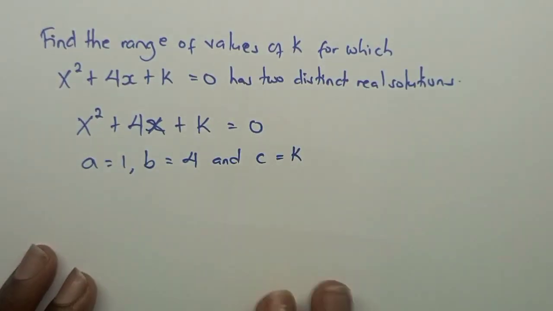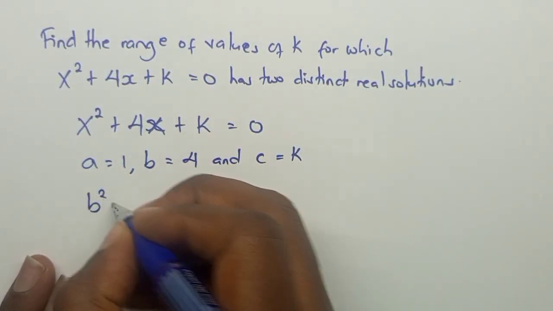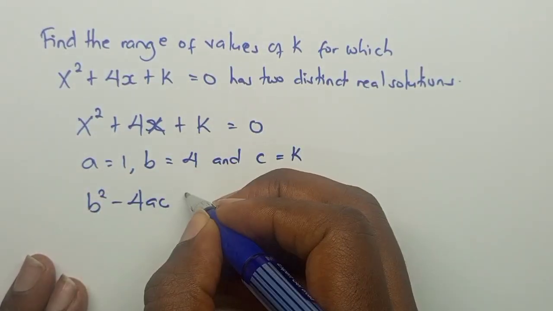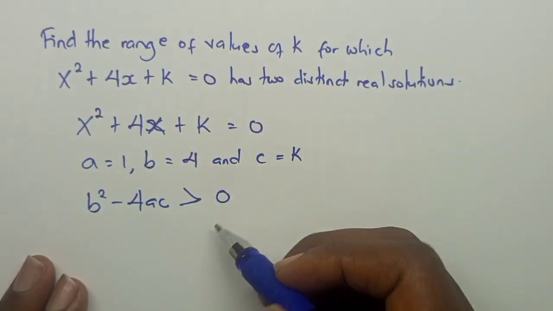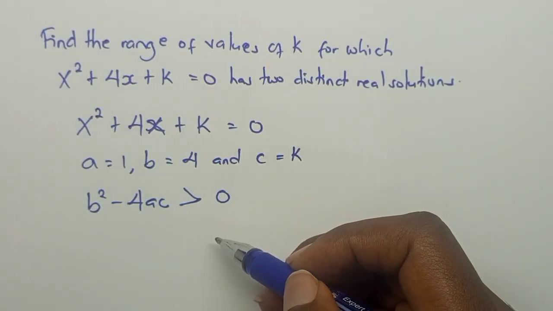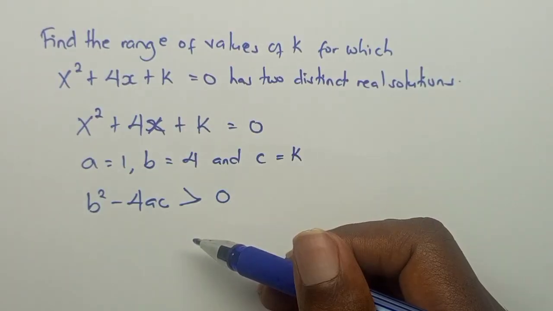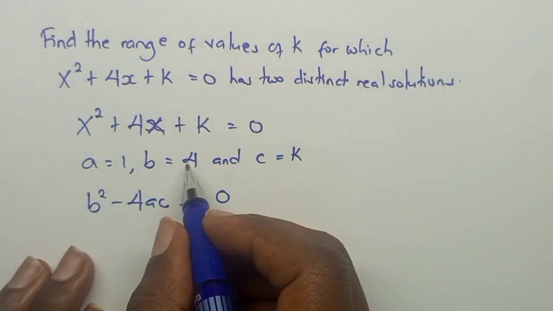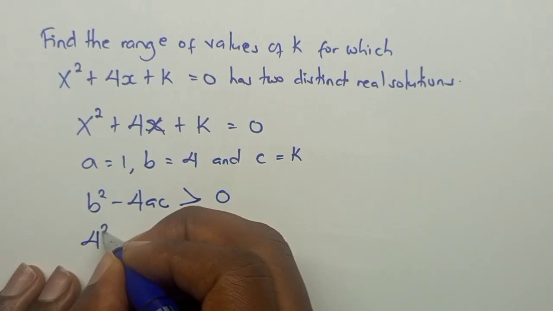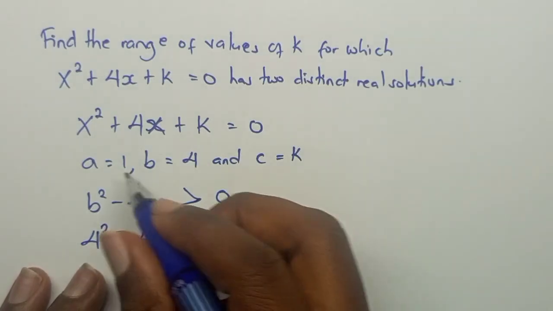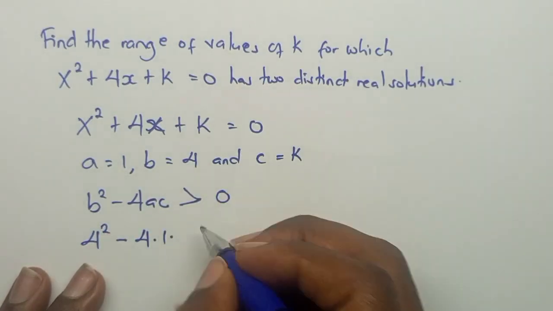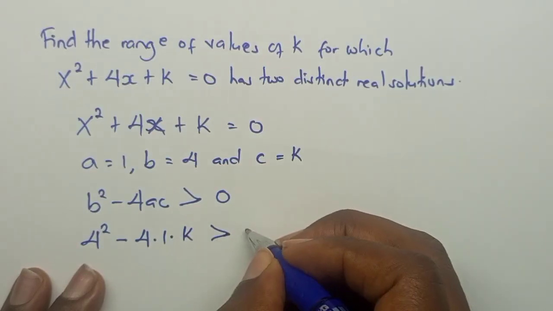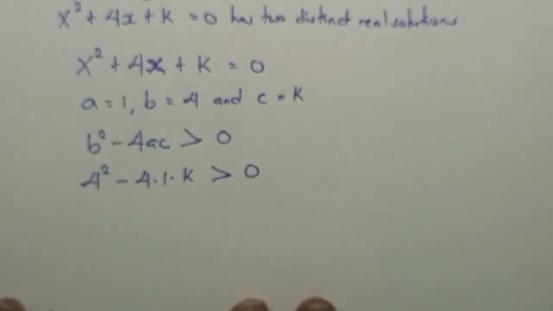For two real solutions, the discriminant b squared minus 4ac has to be greater than 0. That's when we get two distinct real solutions. Therefore, substitute for b, a, and c. So 4 squared minus 4 times 1 times k should be greater than 0.